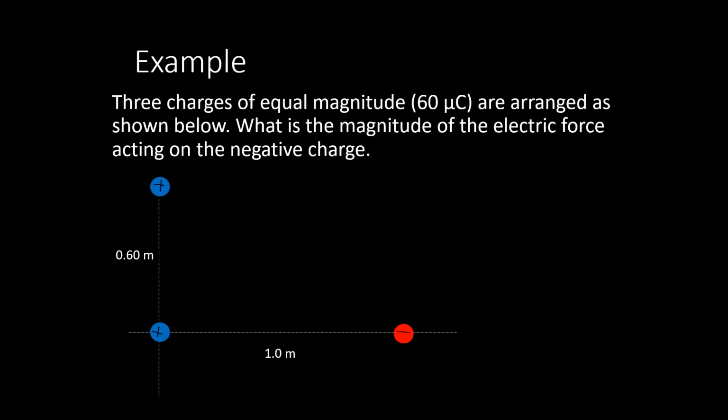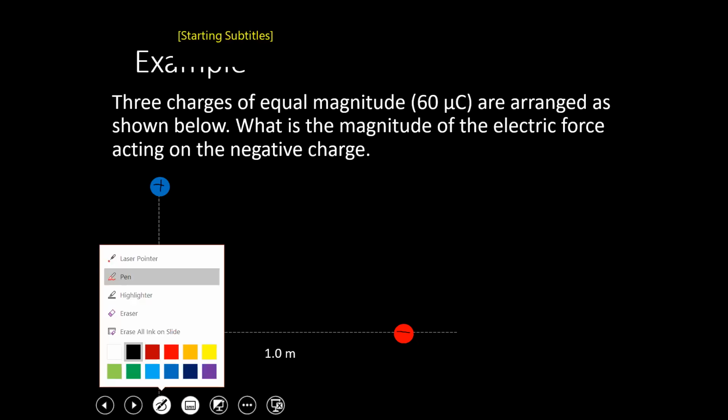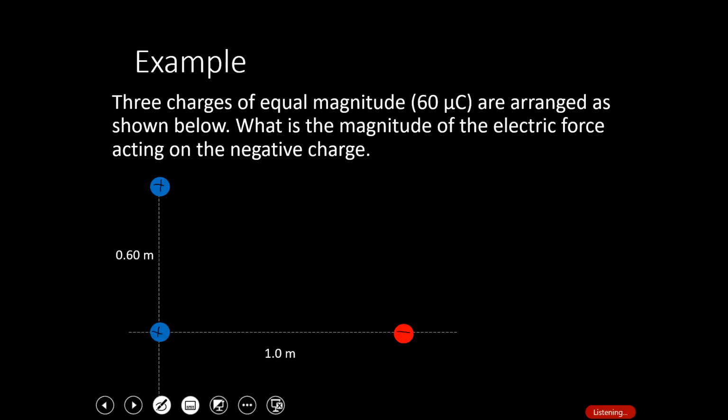So we are focusing on the negative charge here. And so what I'm going to do is put an axis here on my negative charge, in white. Okay, and I'm going to draw my forces that this negative charge feels.